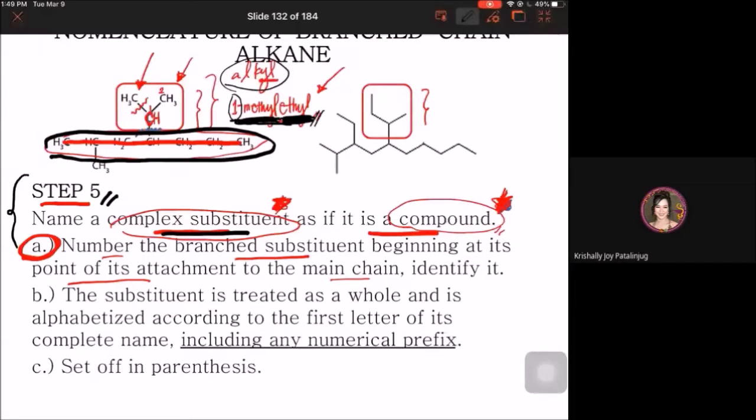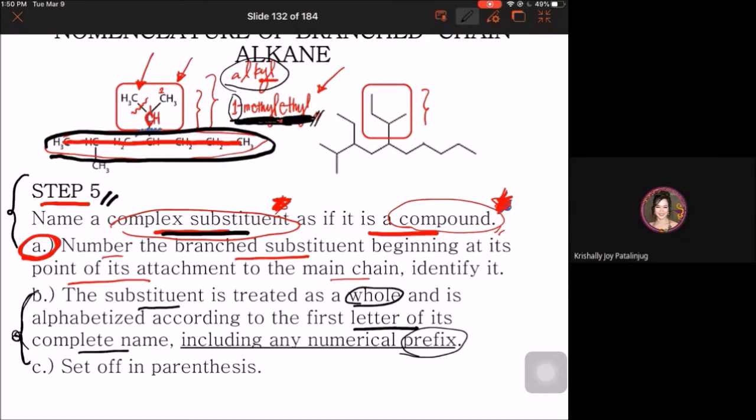So, that's what step 5 means. Okay? Now, please take note of this. These are technicalities. When you encounter a molecule with a complex substituent, that substituent must be treated as a whole. Meaning, it is alphabetized according to the first letter of its complete name, including any numerical prefixes.